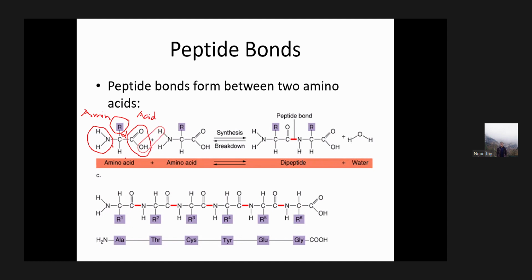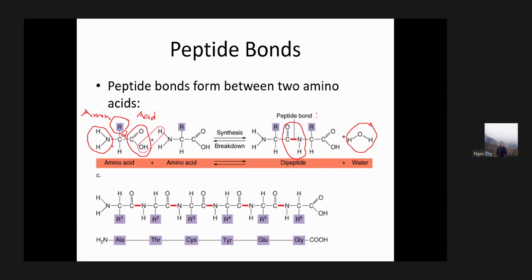The peptide bond forms between the amine group of the second amino acid and the carboxyl group of the first amino acid, forming one water and one peptide bond. As I say, this is a covalent link, so it's really stable.